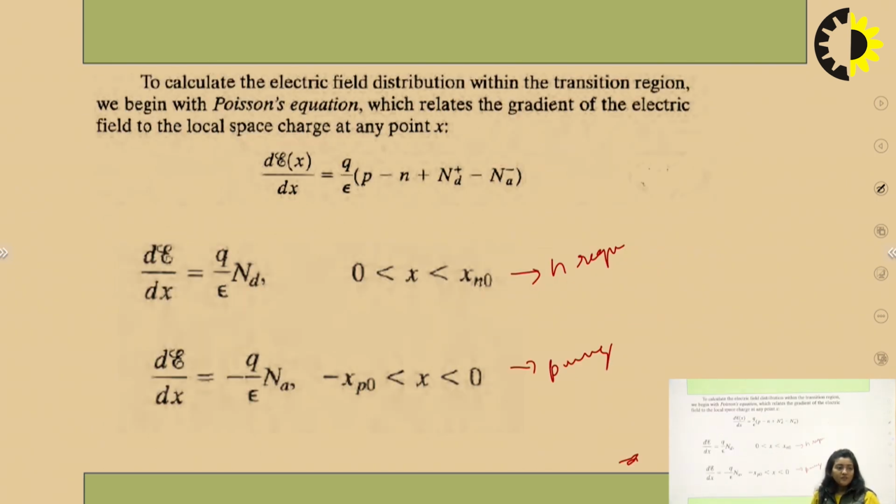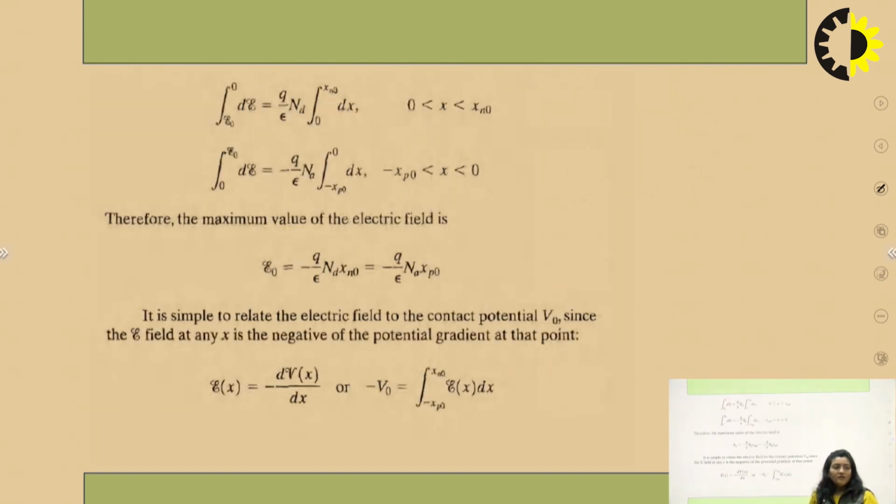Sorry, not epsilon, E naught. So for the n region, the limit of the electric field is from E naught to 0, and the limit of the distance is from 0 to xn naught. For the P region, the electric field is from 0 to E naught, and the distance is from minus xp naught to 0. If we apply these limits, we will get this result.